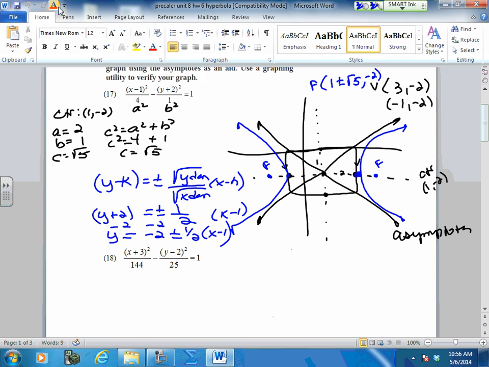Y minus 1, y plus 2, x minus 1, x minus 5. Whatever we did, we're still really using your y equals mx plus b. We're using your slope, square root of the denominator of the y, square root of the denominator of the x. This is slope, changing y over changing x.